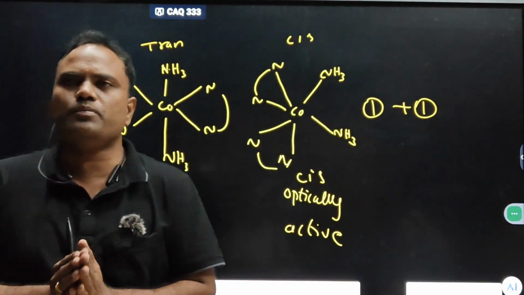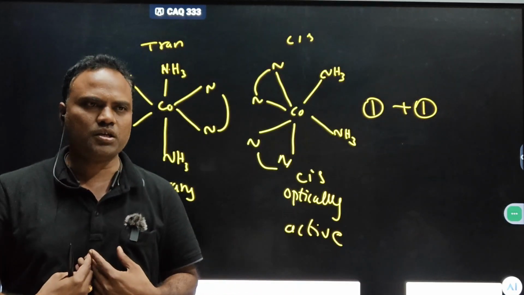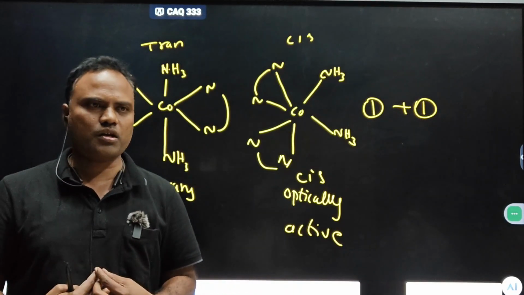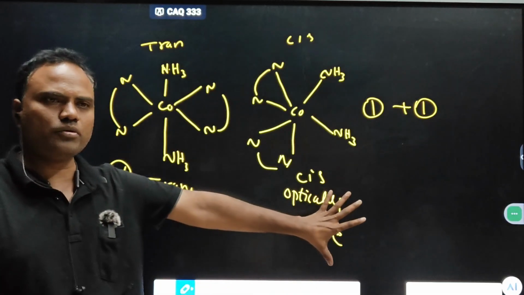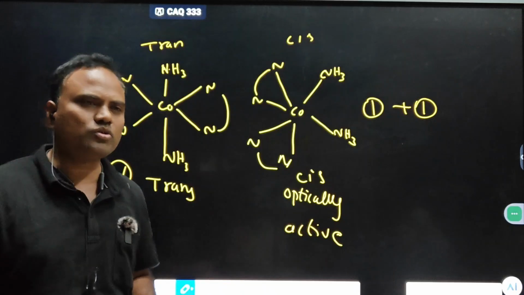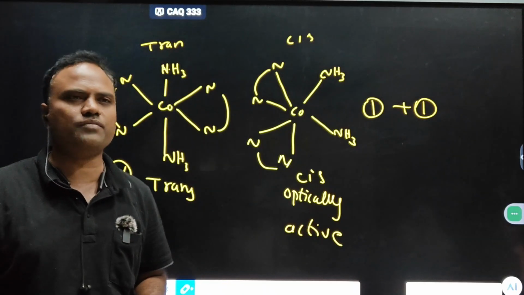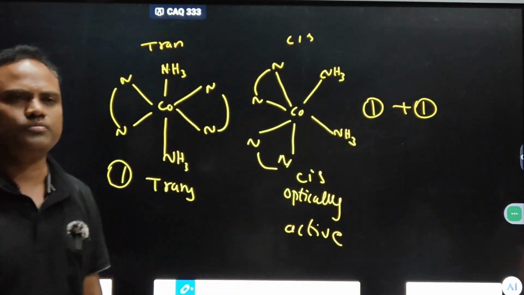For optically active compounds, mirror images are possible. For example, if I stand in front of a mirror, 2 persons will appear or not? Original and image. An optically active compound is nothing but a person standing in front of the mirror. Original person and image. So two.